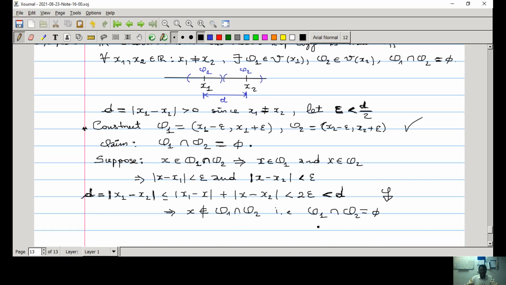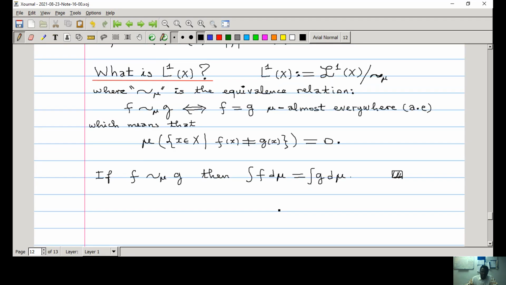But anyway, what we have written here is for R with this topology. Now, we will define what a metric space is. In a metric space, we define balls, and we will see that some metric spaces are Hausdorff. Instead of using the interval as we did here, we'll be using balls, and we do exactly the same thing.